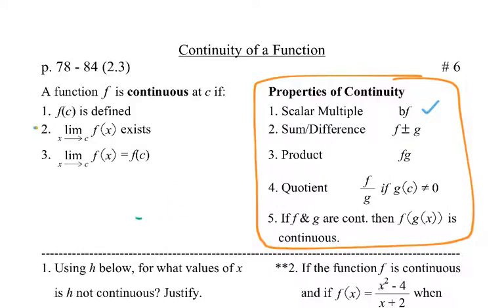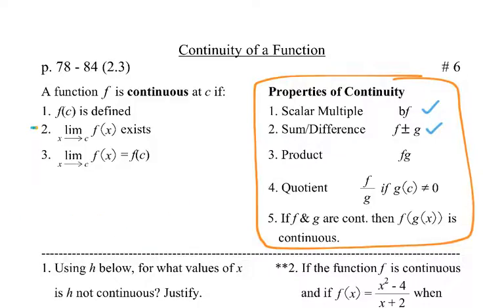The second rule says you can add or subtract two continuous functions and the result will still be continuous. So if we have sine of x and we add x squared, and both are continuous, then this resulting function, let's call it g of x, will be continuous.